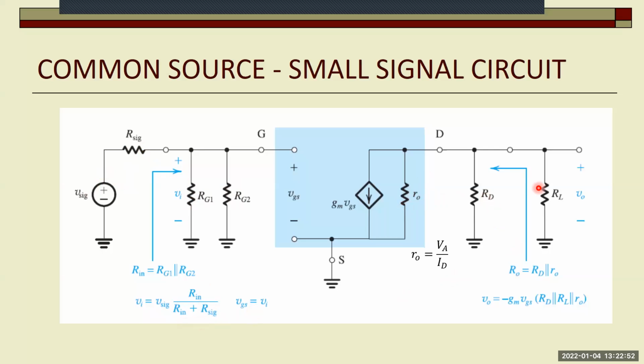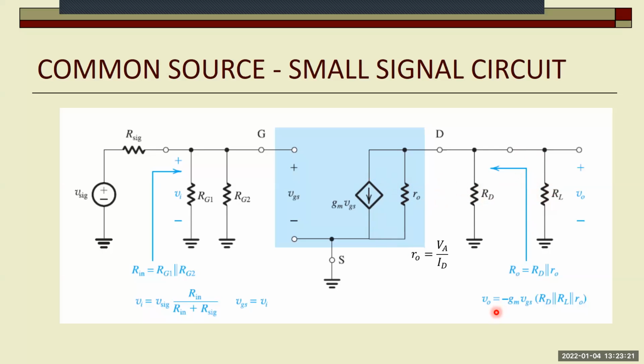So that means whatever current is here, that dependent source, these three resistors are going to come in parallel, and the output voltage is the parallel equivalent of these three or two multiplied by the dependent current source. But since the current goes upwards, we will have a minus sign.